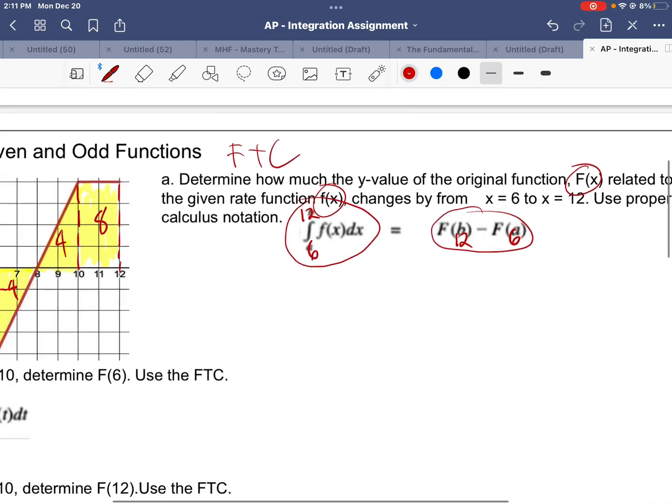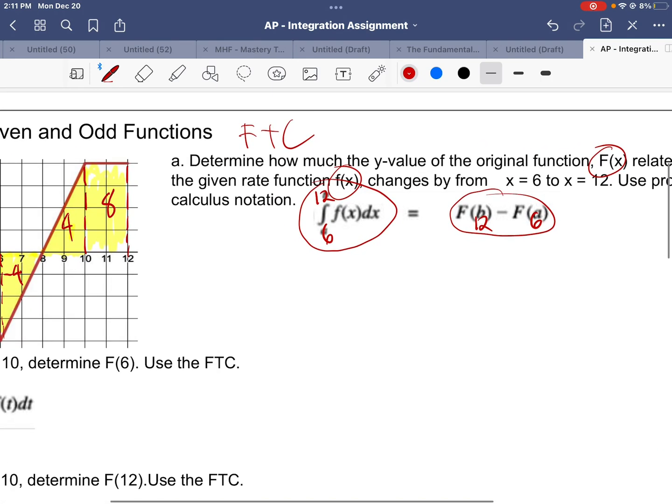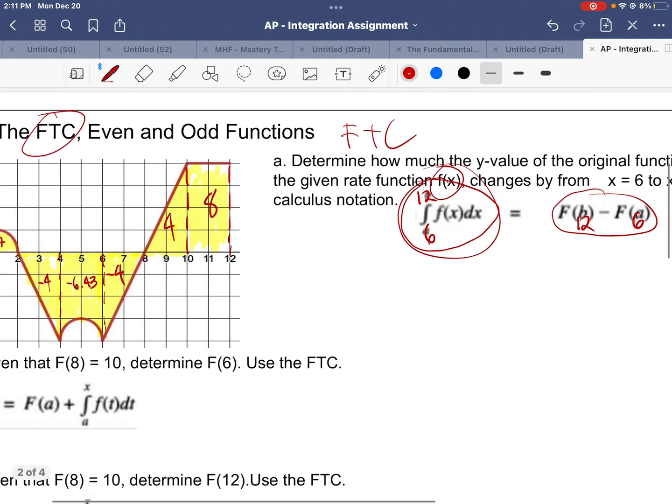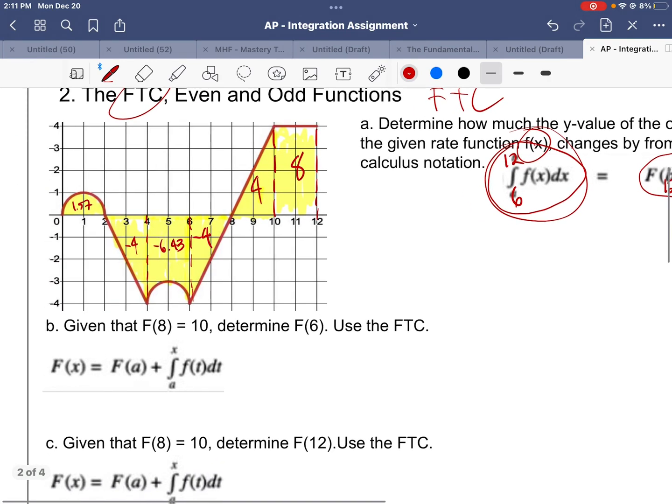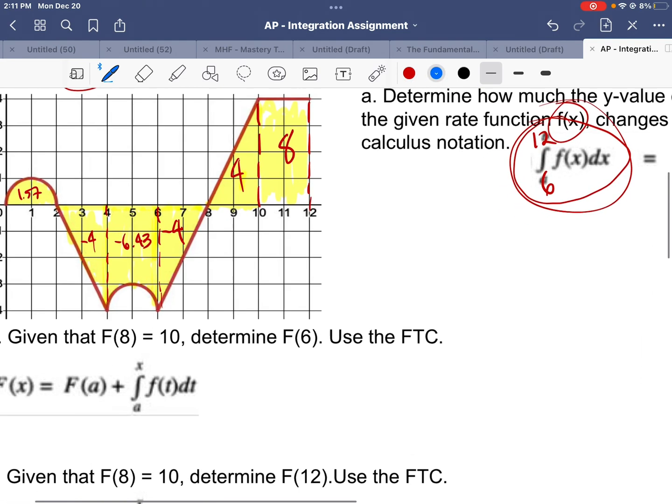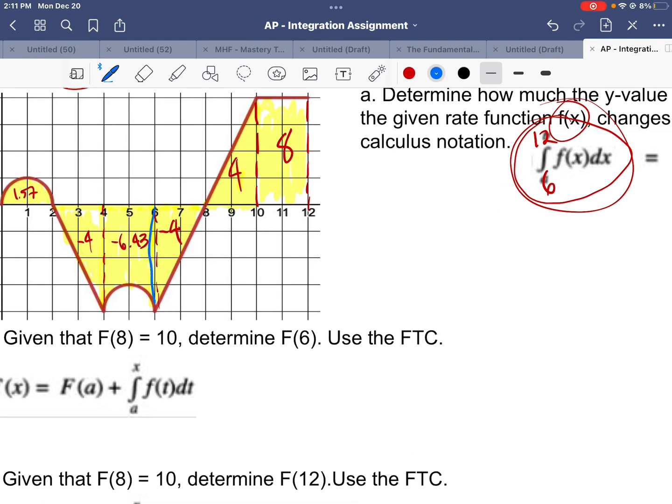So let's look at this example. What is the integral from 6 to 12? Well, the integral from 6 to 12 is the area under the curve from 6 to 12. So I'm going to highlight it in blue. I want this right here, and there, and there.